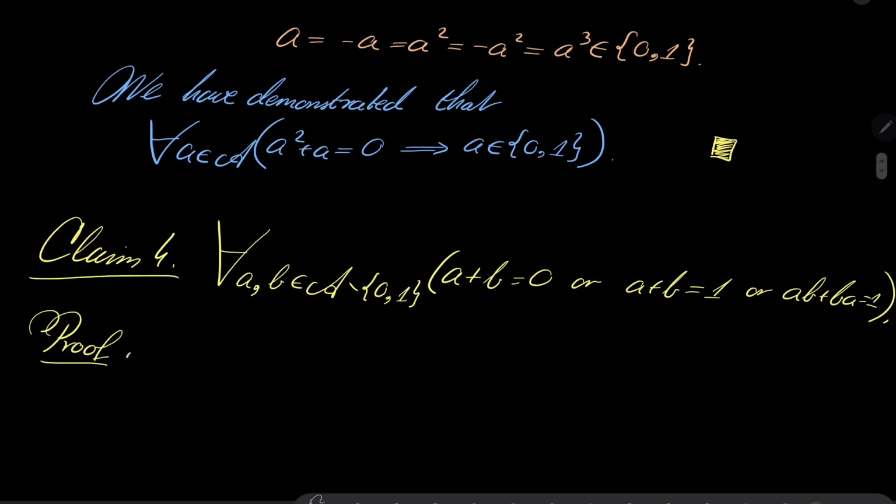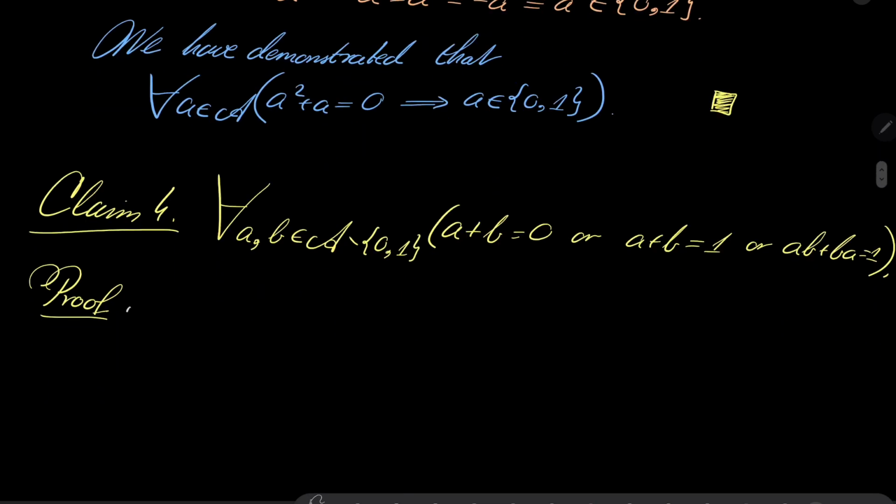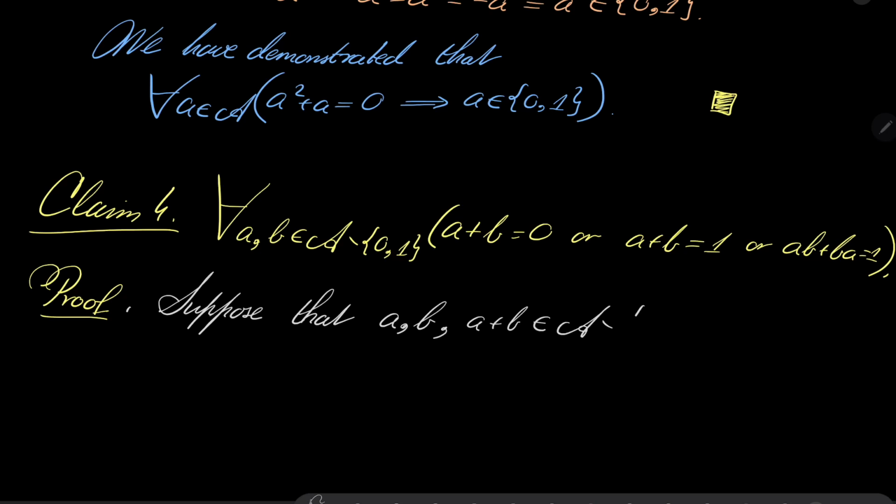Proof. Suppose that we have elements A, B of our ring, and let's suppose that this is not the case, and this is also not the case. So suppose that A, B, and A plus B are elements of our ring, but not 0 and not 1.